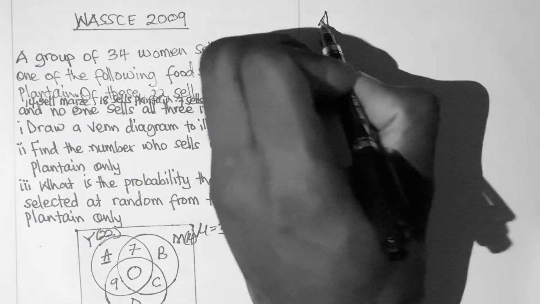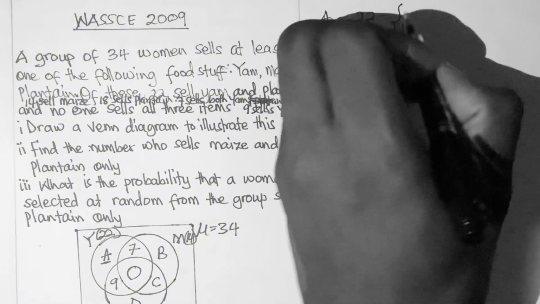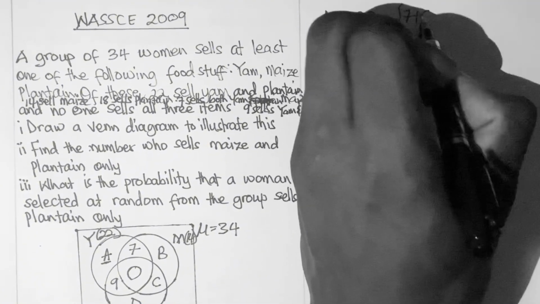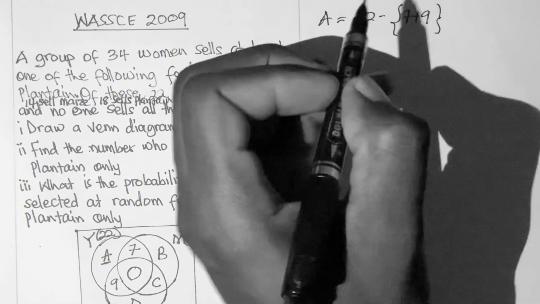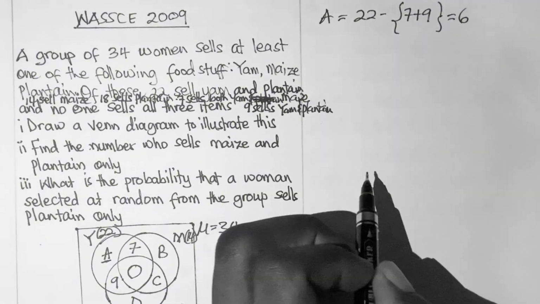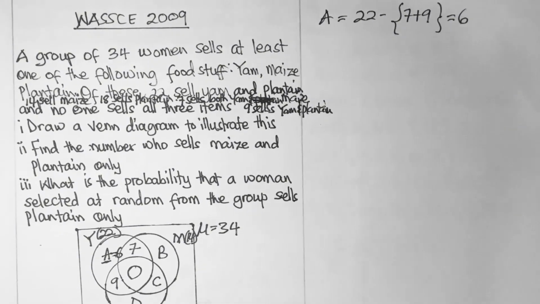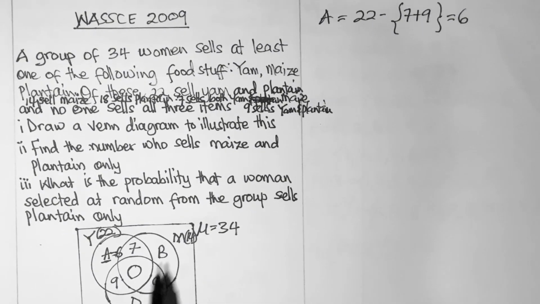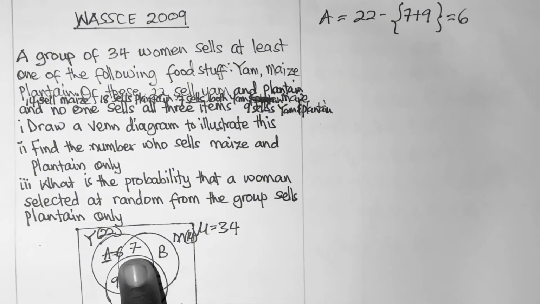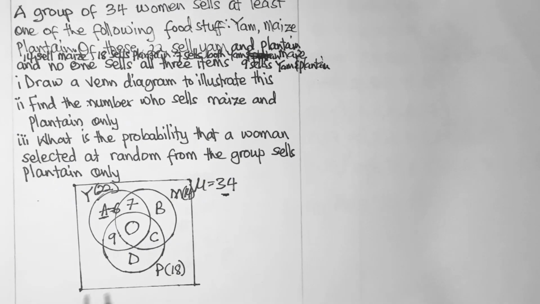A is equal to 22 minus, in brackets, 7 plus 9. And if you do this, we are going to get 6. So it means that A is equal to 6. So now, having gotten A equals 6, we can find B. You see that when we cover here, we are left with 6, 7, and B. If we sum everything here, it should give us 34.